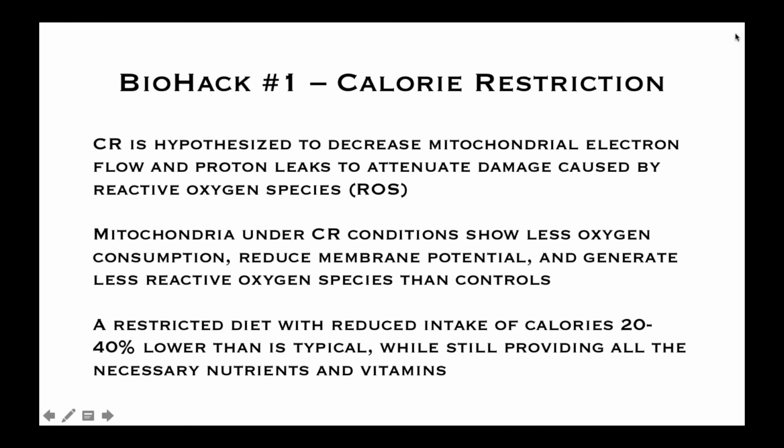And this is based off your recommended total calorie intake versus what you're actually taking in. So if you're taking in 5,000 calories and you decrease that by 20 to 40%, you're clearly not on a true calorie restriction diet.